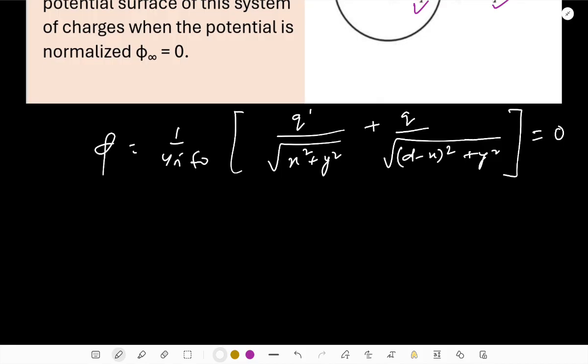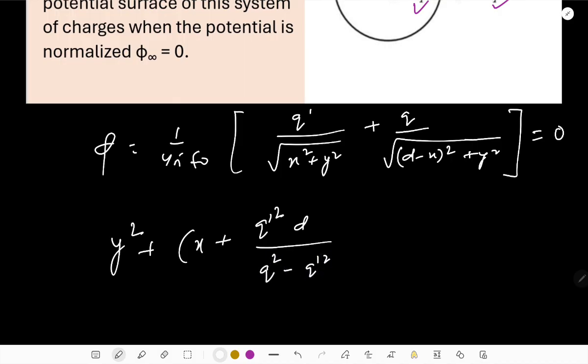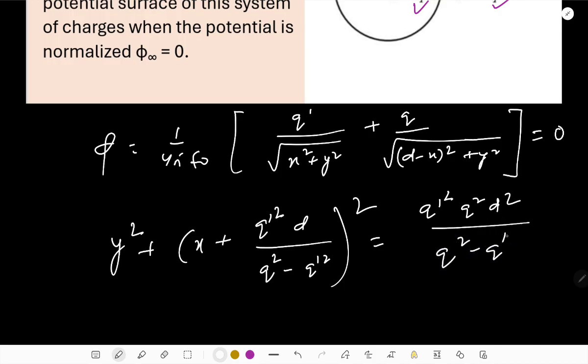You will get some result, in fact, like this: y square plus x plus q dash square d by q square minus q dash square, and the square of all of this equal to q dash square q square d square by q square minus q dash square, and the square of all.